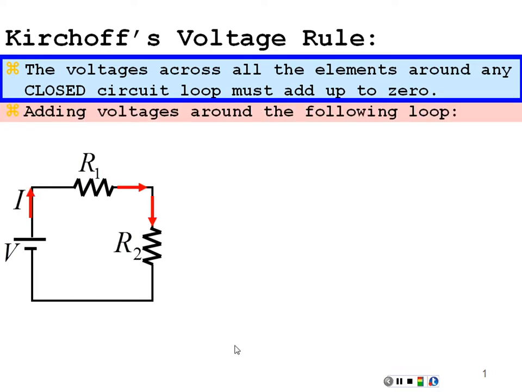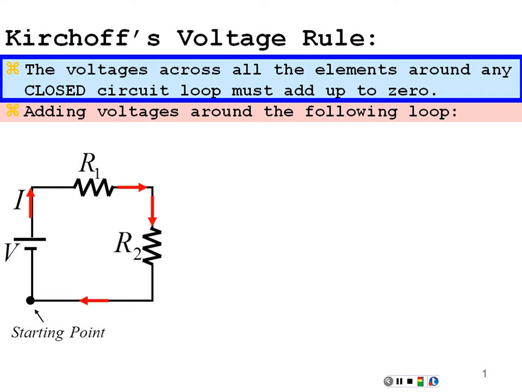So let's look at this simple circuit here. We have a battery of voltage V. We have a resistor R1 and resistor R2, and we have a starting point. If I were to approach this from a physics perspective, I would say that the battery is supplying a potential difference. So that's my potential hill, if you will, for this circuit, as my positive charges are falling from the top of the hill down to the bottom of the hill. And as they fall, they go through a potential drop across resistor 1 and a potential drop across resistor 2.